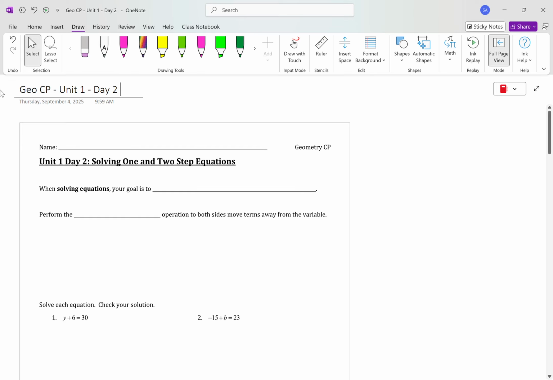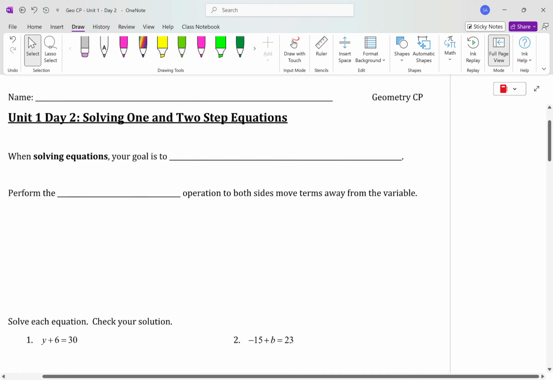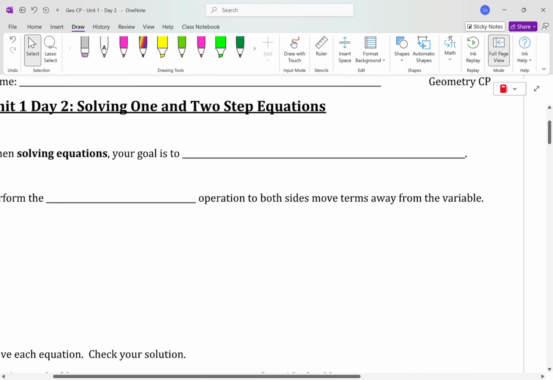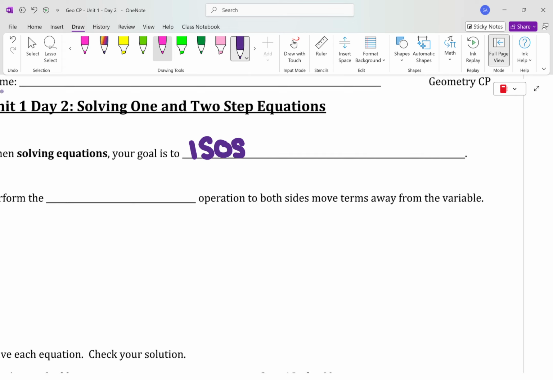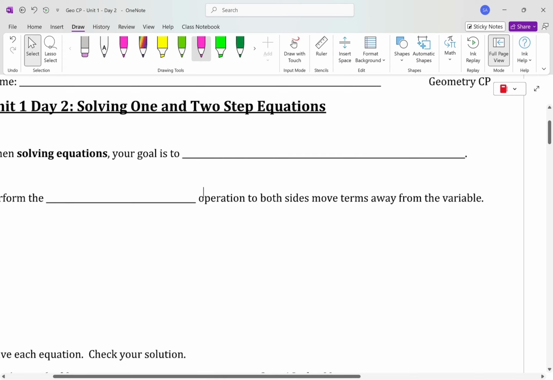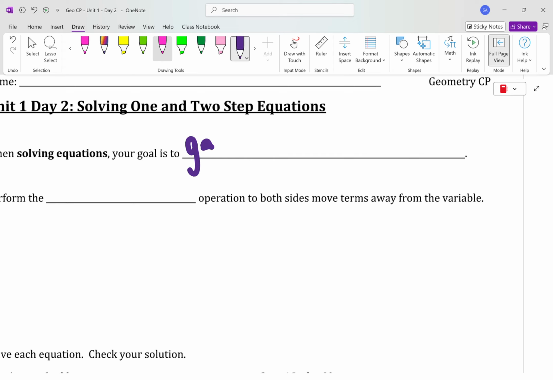Okay, so when solving equations, your goal is to isolate the variable, or let's just write it so we understand it, get the variable by itself.